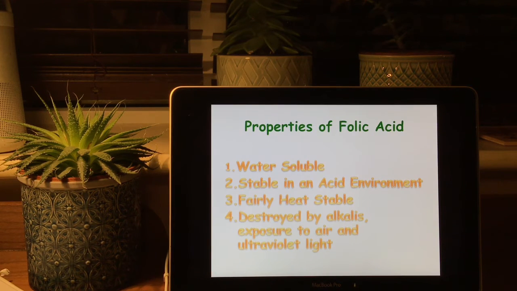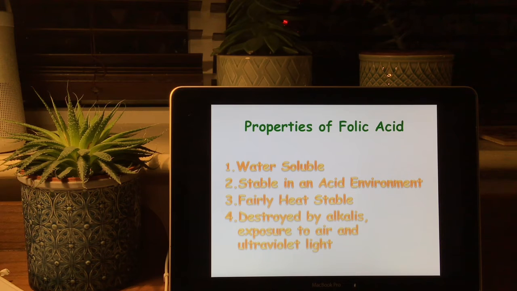Next thing you need to know are the properties of folic acid. As you know, it's a B group vitamin, so it has to be water soluble. And by contrast, if it's water soluble, it tends to be insoluble in fat. So it's stable in an acidic environment, and in contrast to that, it's destroyed by alkalis.